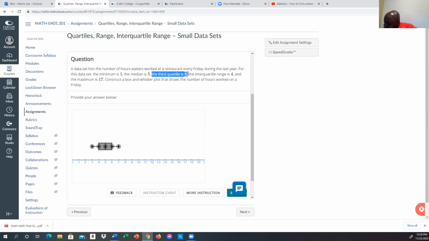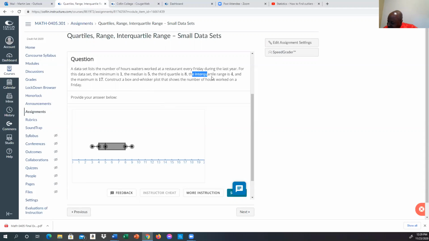Now the third quartile, or Q3, is 8. So I'm going to grab the right edge of this box and move this up from 6 to 8. Okay, so now I have Q3, the third quartile is 8. That's the right side of the box.